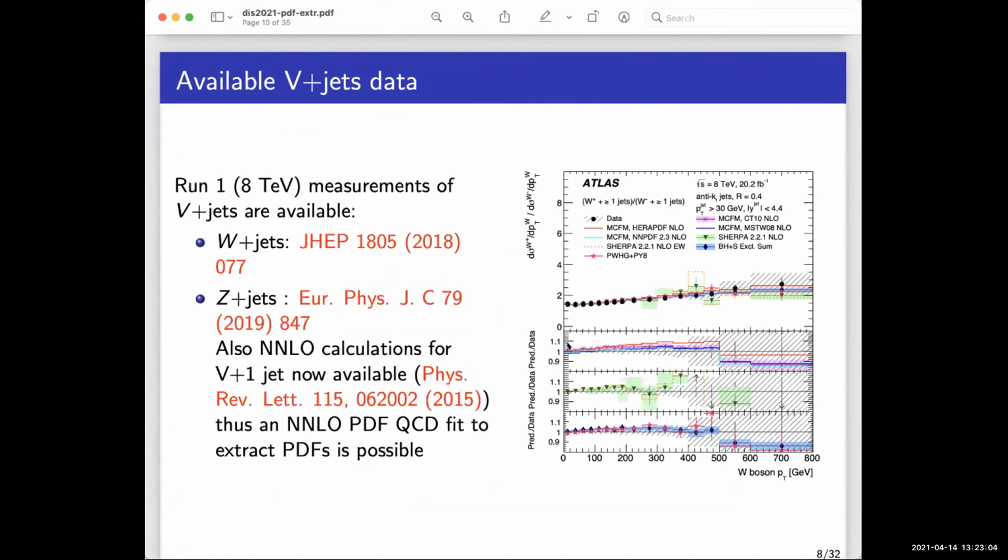If you look in the uppermost of the ratio panels, this is comparing the ratio of the data to MCFM predictions with some different PDF sets, and you can see that there's variation in the predictions from the different PDF sets. And we have next-to-leading order calculations for vector boson plus one jet, then Jetty, and so it's possible to put these into an NLO PDF fit.